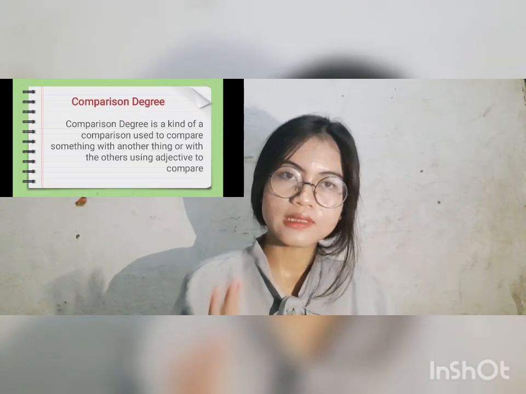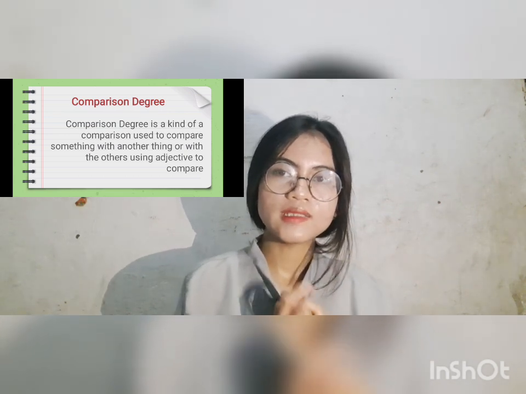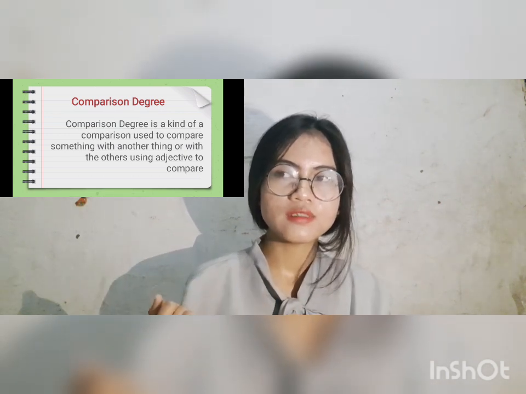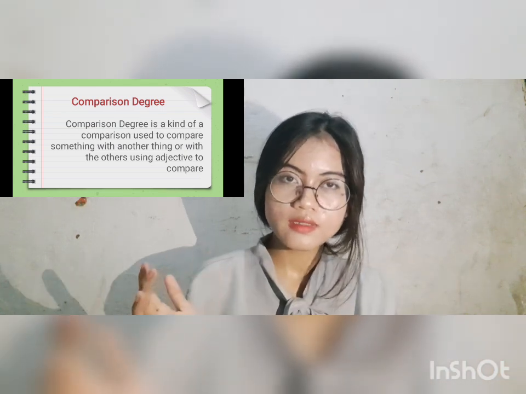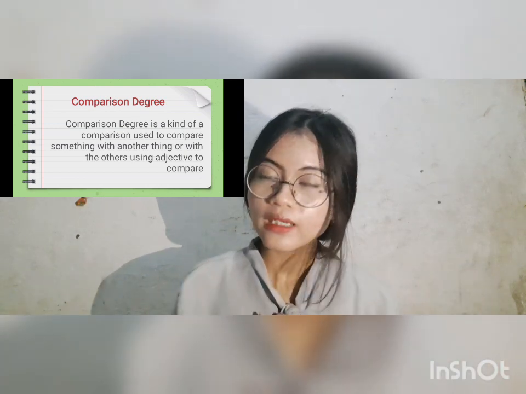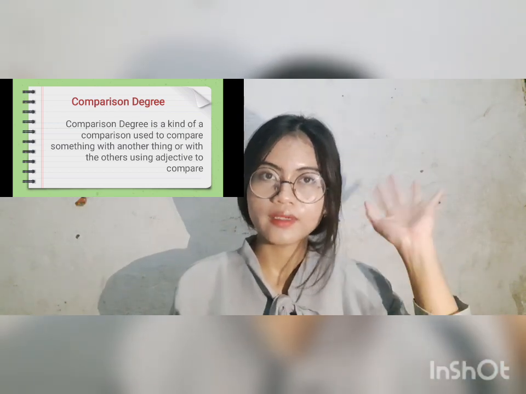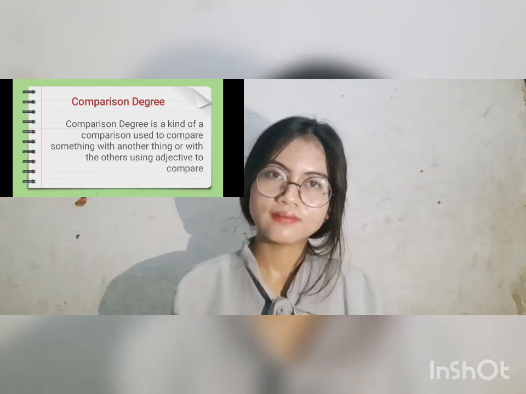Let's look and listen to my explanation. If there is something you can't understand, you can write your questions. And at the end of the video or explanation, you can raise your hand. You get it, class? Yes, Miss.